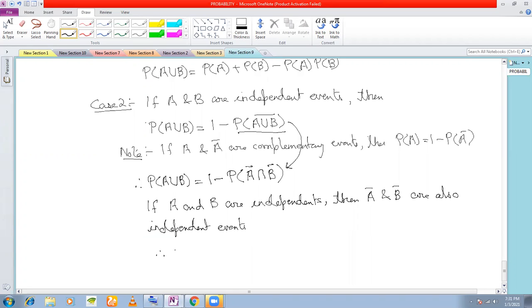So therefore, what can we write from here? P(A union B) is equal to 1 minus, because they are independent, P(A bar intersection B bar) can be written as P(A bar) into P(B bar).